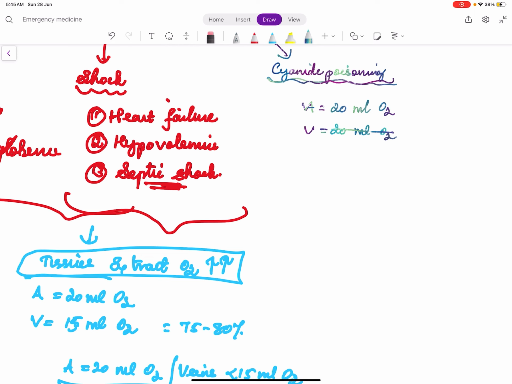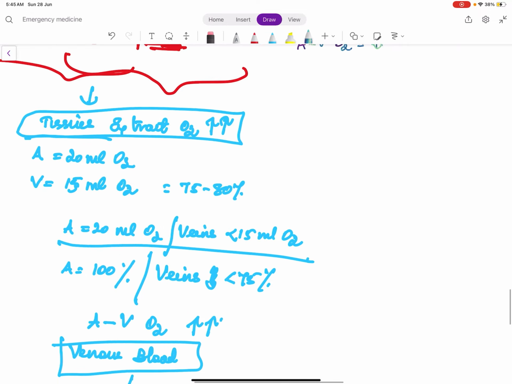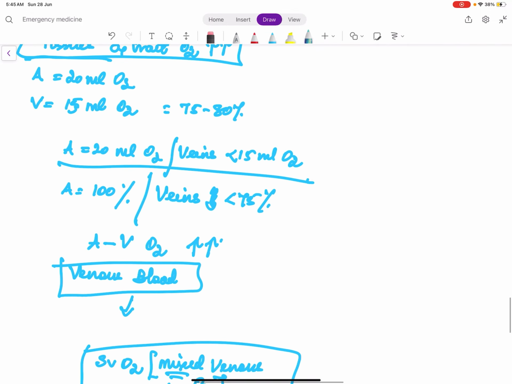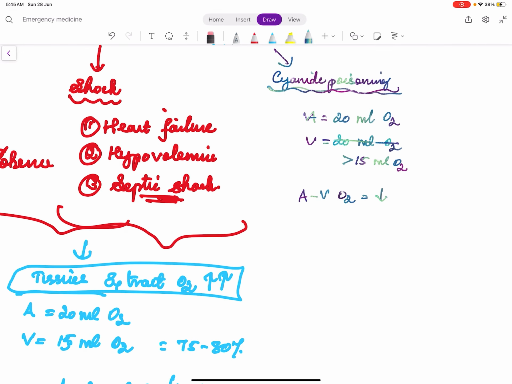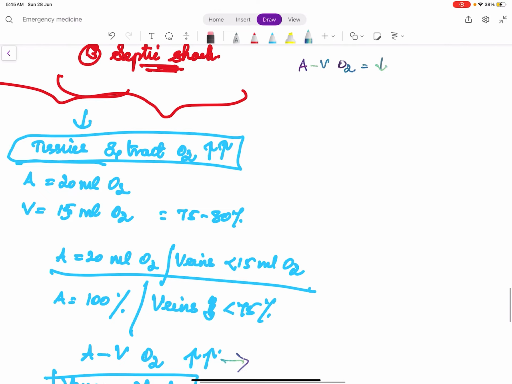Or rather than saying 20, we can say the tissues consume less than 5 ml of oxygen, so the veins will have more than 20 ml of oxygen, which means the arterial venous oxygen difference is low. Okay, so the arterial venous oxygen saturation difference is high in cases of stagnant hypoxia, especially in heart failure, and the AV oxygen difference is low in cases of tissue toxicity like cyanide poisoning.